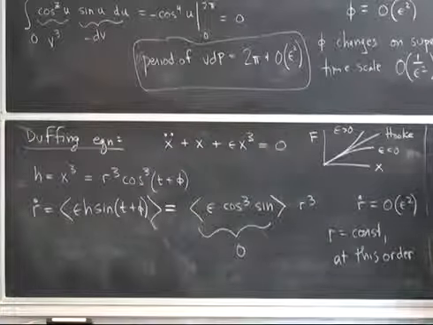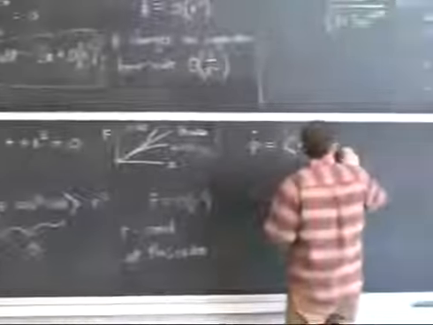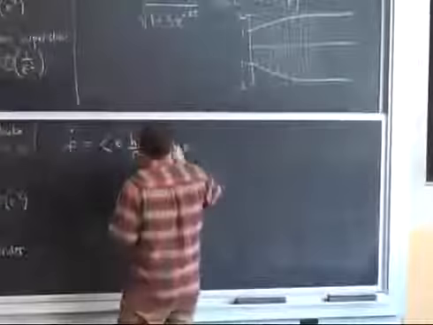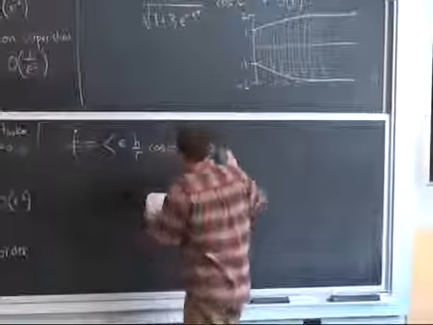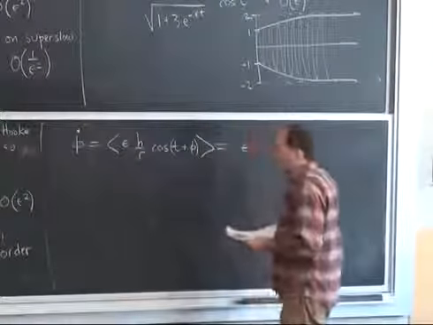If we look at phi dot, well, then we're going to go average epsilon h over r cosine of t plus phi, which will give us average. So the h involves that r cubed cosine cubed.